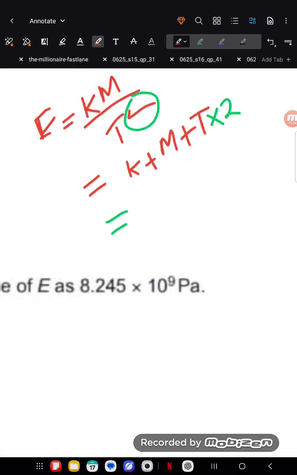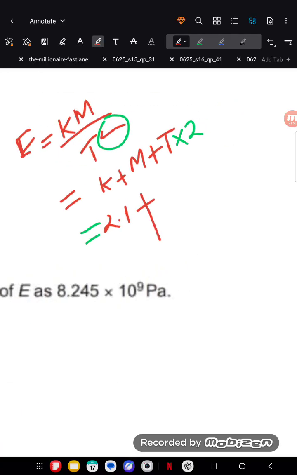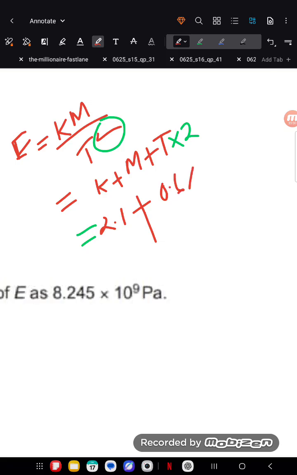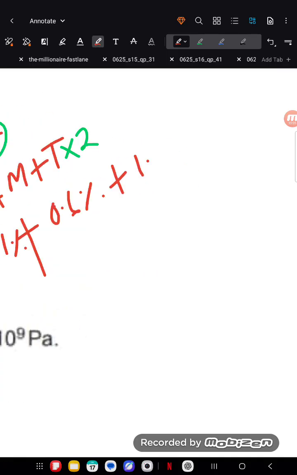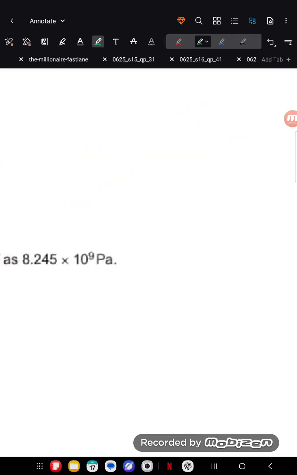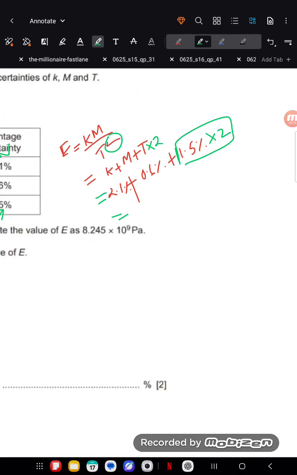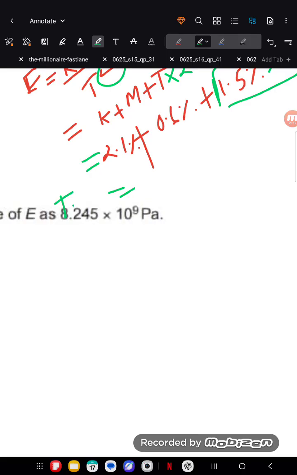Just T you have to multiply, right? K is 2.1, and this is 0.6 percentage. Let me write percentage. And T is 1.5, and you have to multiply this with 2. Then you will get the total percentage uncertainty.